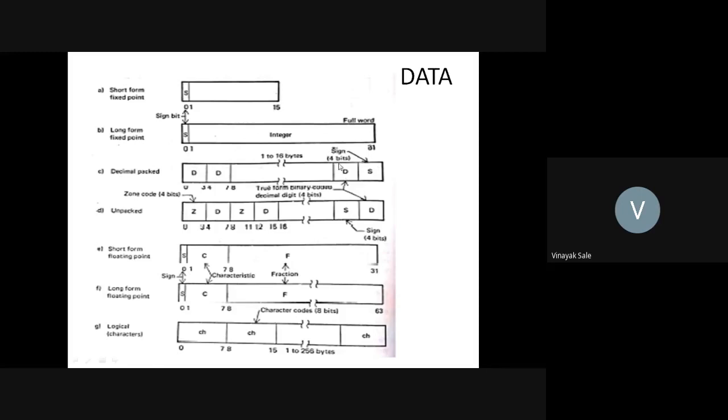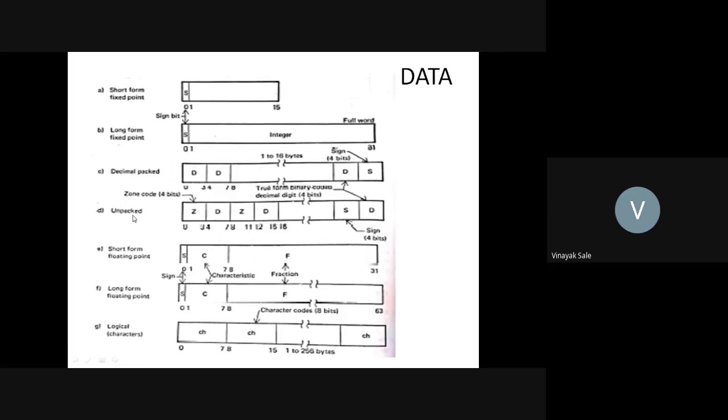Then 4 bits for data, and last 4 bits for sign. This is a decimal packed data. This is a registers or data format for a decimal packed data.